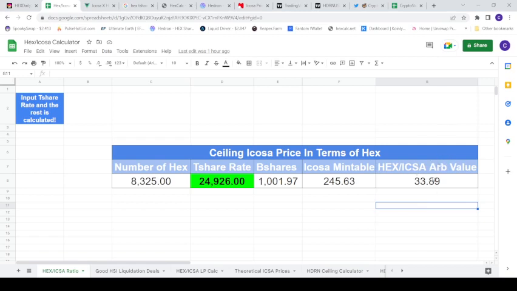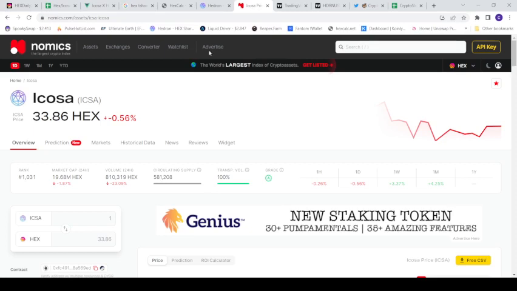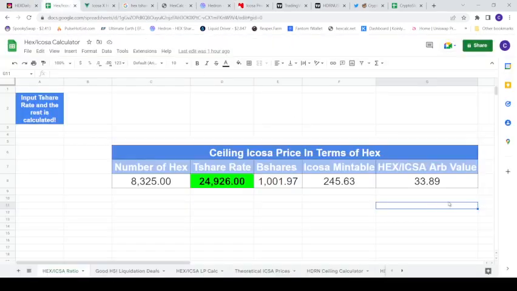And if the hex Icosa market price is over the R value, then it would be more beneficial to sell your HSI to get the Icosa, is how I understand it.